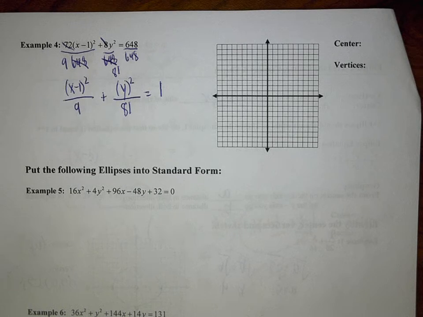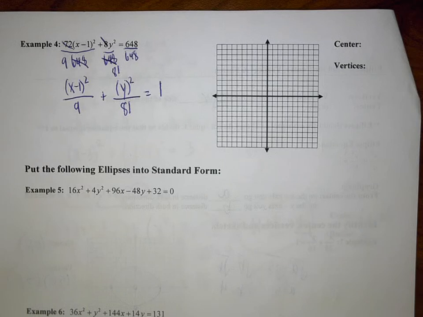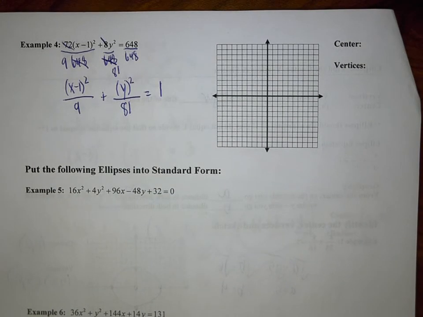You always start from the center and you should work up 9, and then down 9. You're always starting at your center. You're not starting from 0, 0. You're always starting from your center. Do you always have vertices, like the x and the y? Yeah, because your vertices are ordered pairs. So you always have an x and y value for your vertices.